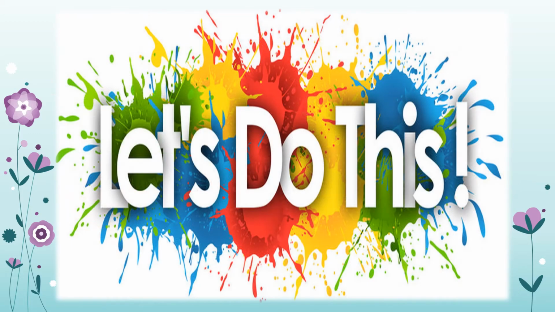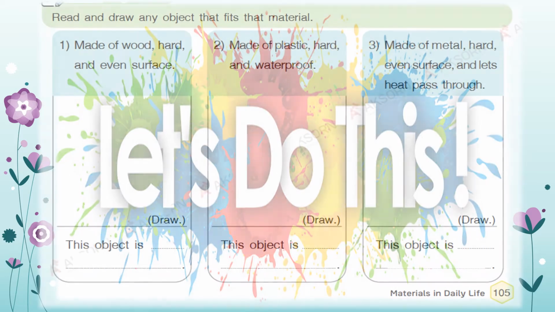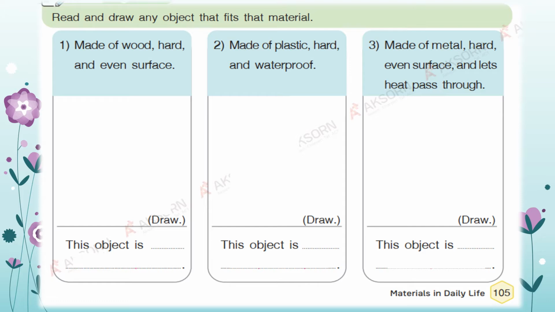Next, let's answer in your book. Read and draw any object that fits the materials. We have 3 questions there. Number 1, made of wood, hard, and even surface.